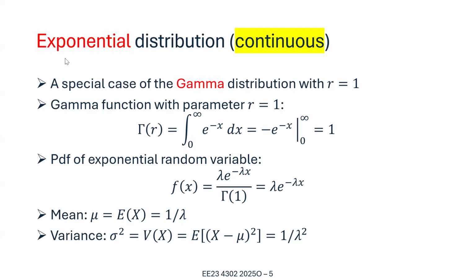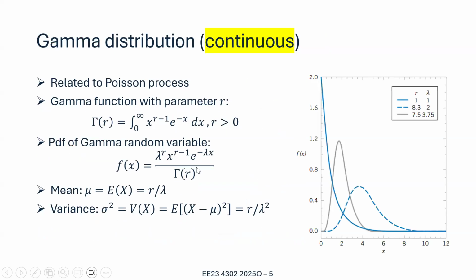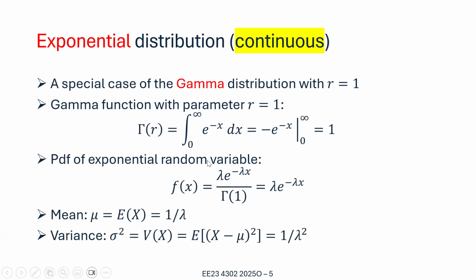All right, sorry, some typo here. It should be lambda times e to the power of minus lambda x because we have lambda x here.